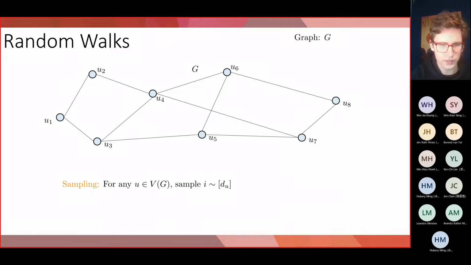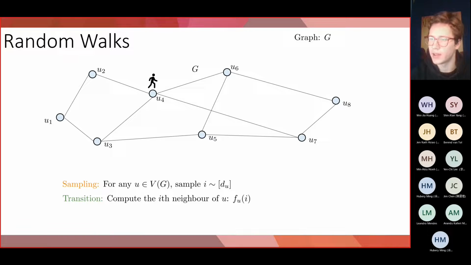For any vertex, we have to be able to sample a random neighbor, which would be a random index in its degree. We then have to, from this index, be able to actually compute the neighbor. That will move us from one vertex to the other.